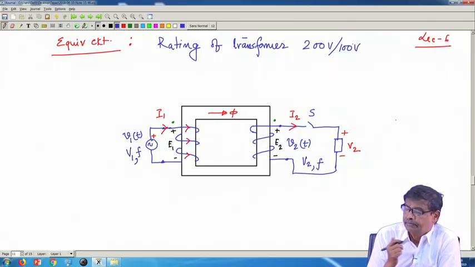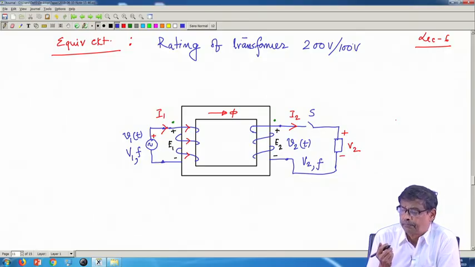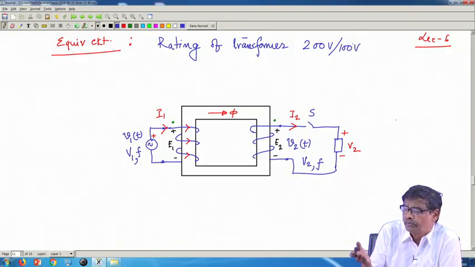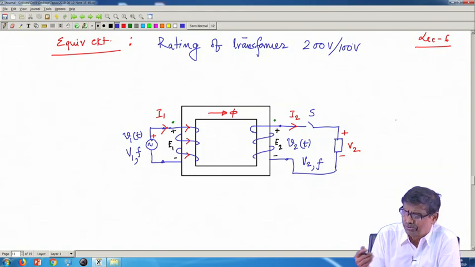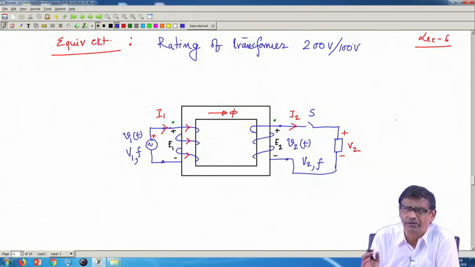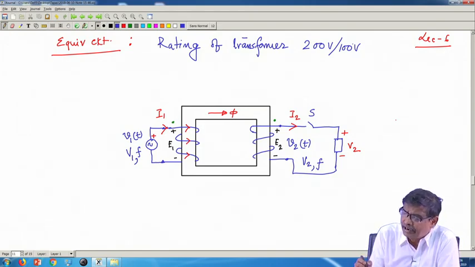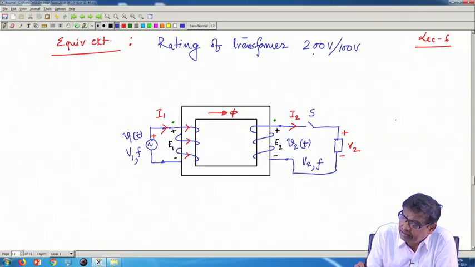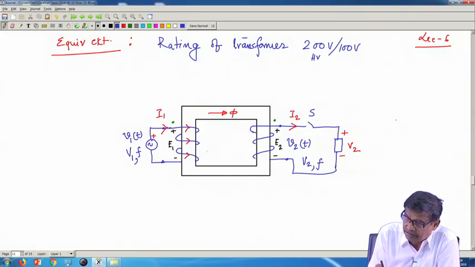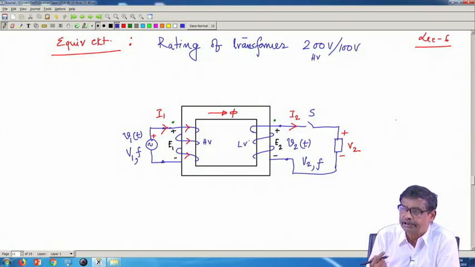Instead of telling that the primary side is 200 volt and the secondary side is 100 volt, which we will also use as terminology, no doubt, a more scientific way is to call this coil the HV coil, and this the low voltage coil, whichever side has the low voltage.